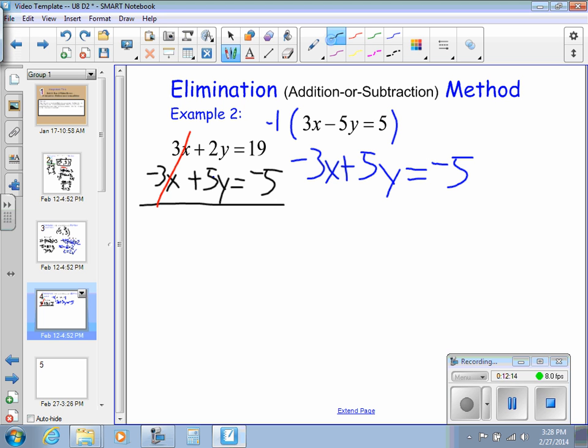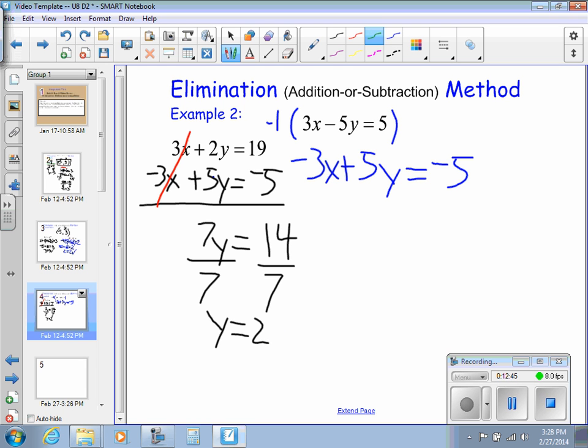And then I've got 2y plus 5y, that gives me 7y equals, and 19 minus 5 gives me 14. Now I just need to divide both sides by 7, giving me y equals 2.